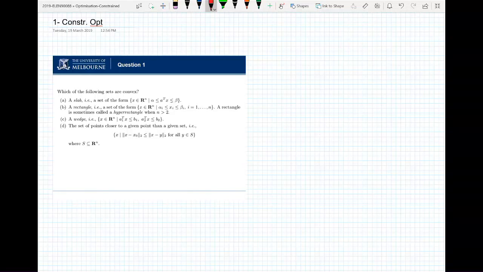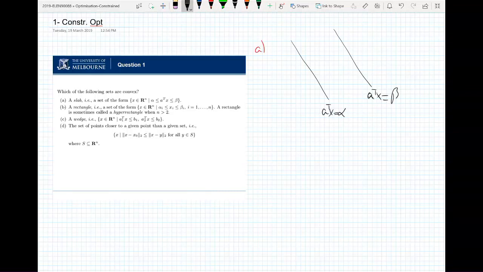All you need to know is the definition of a half space and a hyperplane, because A transpose x equals b is a hyperplane, and greater than or equal to, less than or equal to defines half spaces. So essentially, A transpose x equals beta will be this, and then A transpose x equals alpha will be this.